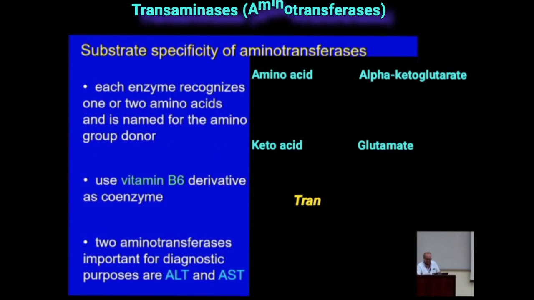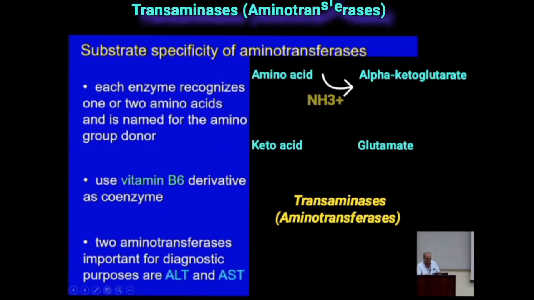All aminotransferases work on an amino acid. They'll remove the amine group and transfer it to an acceptor keto acid. And as I mentioned to you, one of the important acceptor keto acids is alpha ketoglutarate.